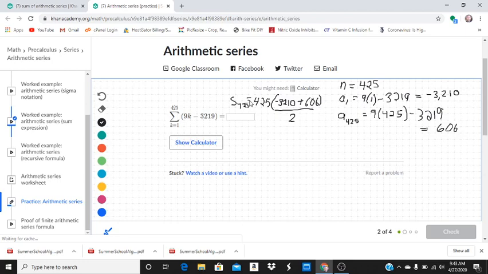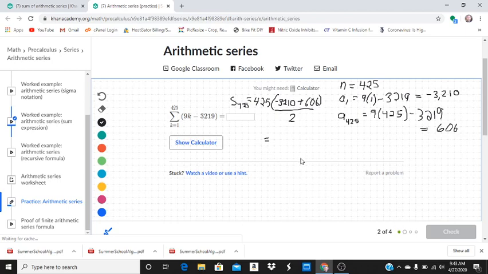Sorry about my writing here, it's not that great. So we've got negative 3,210 plus 606. Divide that by 2. That's negative 1,302. And multiply by 425.